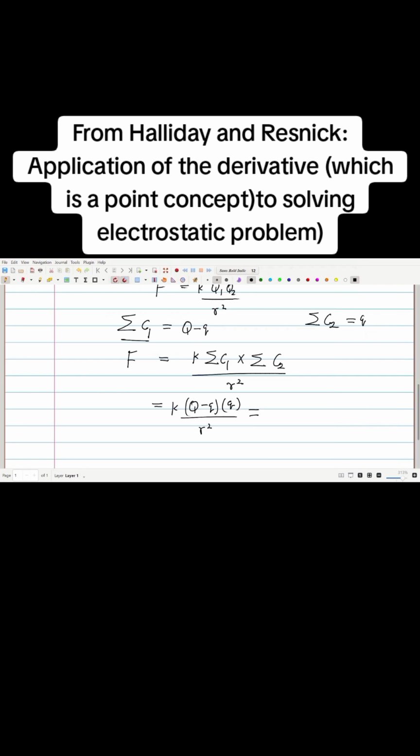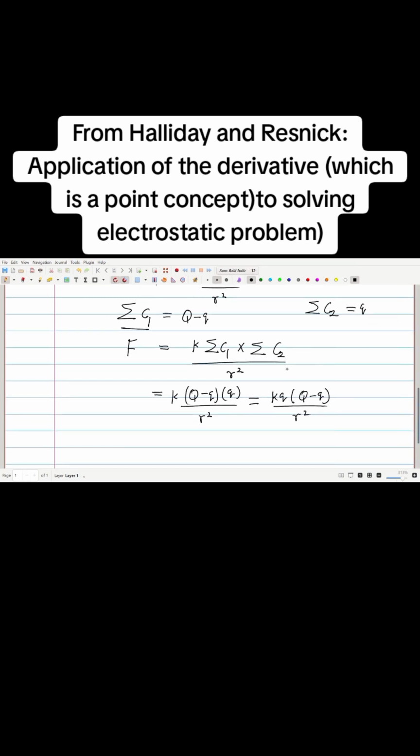Now, on expansion, we can write this as kq, in brackets Q minus lowercase q, over r squared. Can you see that?